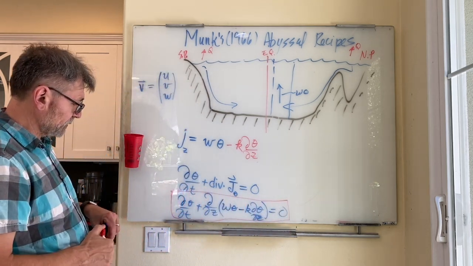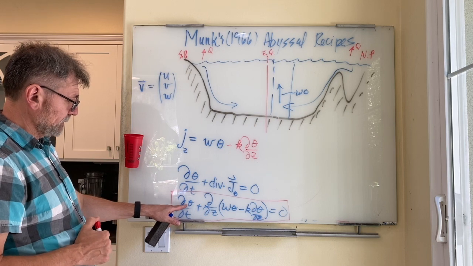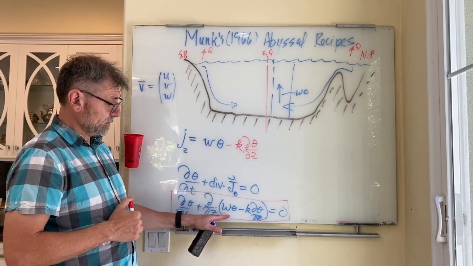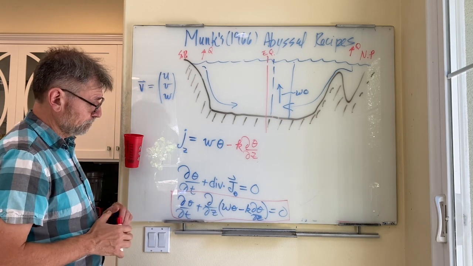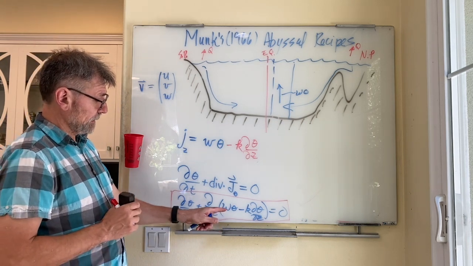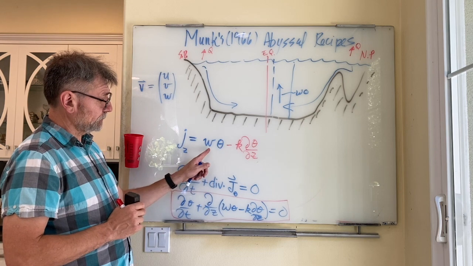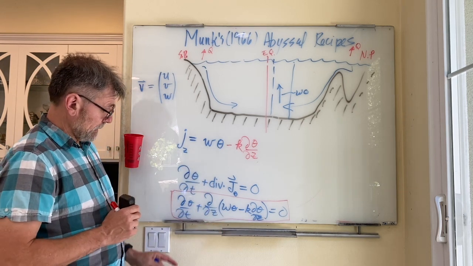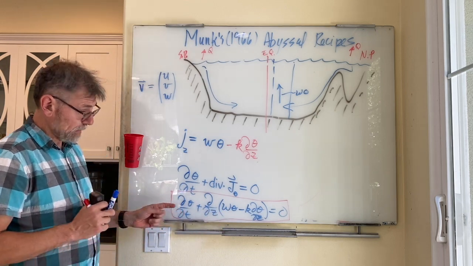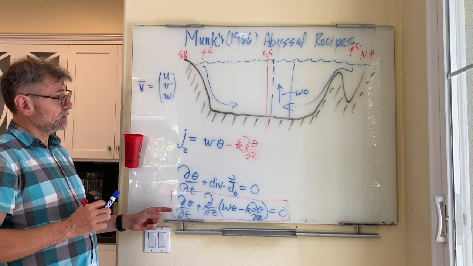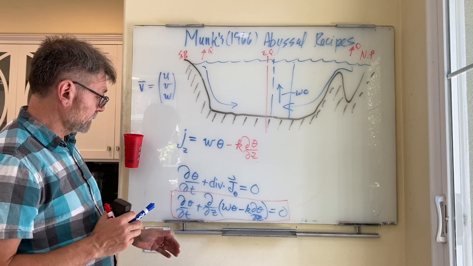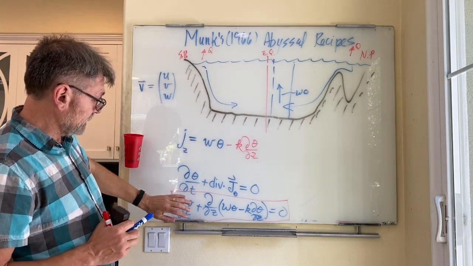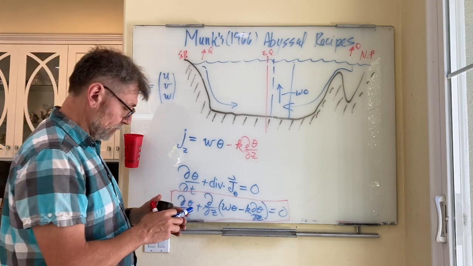So the rate of change of temperature at any fixed position is going to depend on the divergence of the vertical flux of temperature. And the flux of temperature has a part due to advection, due to the currents, and a part due to the diffusion. If we now imagine that we're in a steady balance, so we look on climatological timescales, and we assume that the temperature profile, whatever it is, is independent of time, then we get this equation.